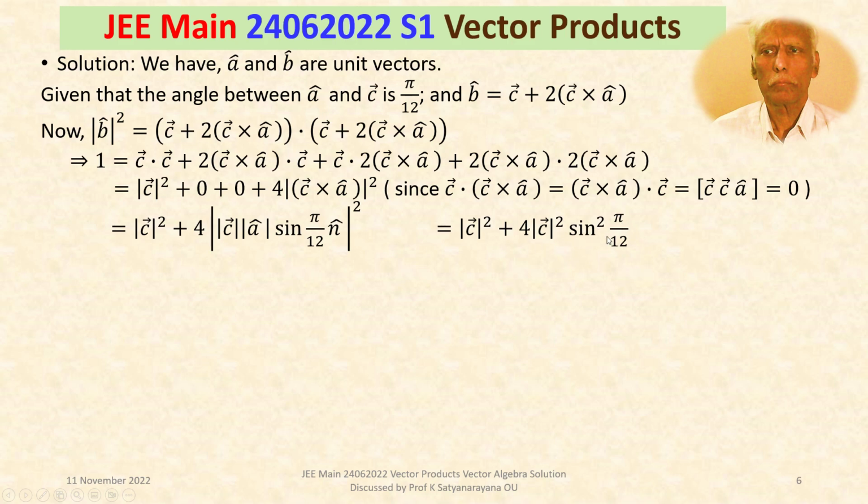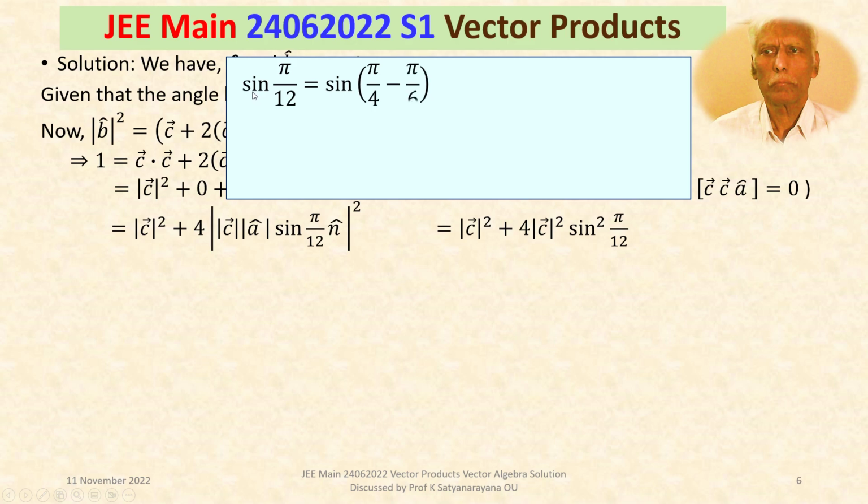And you must know the value of sine of pi by 12. Pi by 12 means 15 degrees. You can make it a formula, sine of 45 degrees minus 30 degrees, and you will get sine 15 degrees. Otherwise, it is very easy to see here. Sine of pi by 12 is equal to sine of pi by 4 minus pi by 6.